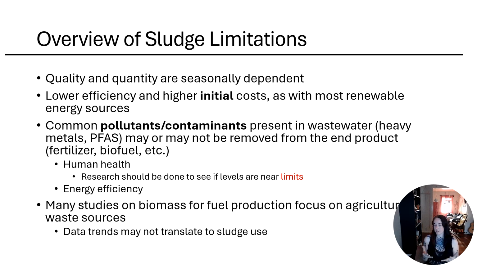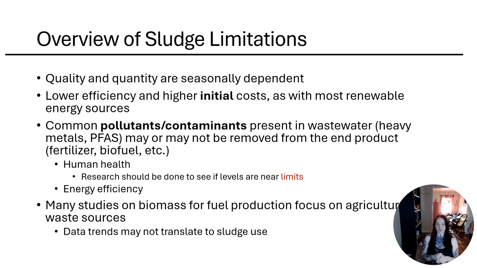But it just may increase cost, and we'll also have to look at the human health impacts. Regulations on what the limits of different contaminants and pollutants in the wastewater or just in the environment in general are constantly changing. And that is just something to keep in mind.